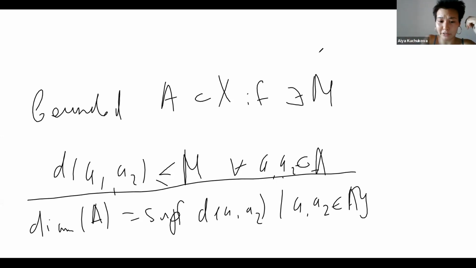So this is kind of an upper bound limit. It means you'll take the closest number which approximates the distance between the points. So if you have a set A, probably these two points would be the farthest from each other, so that would be the diameter of the set A.